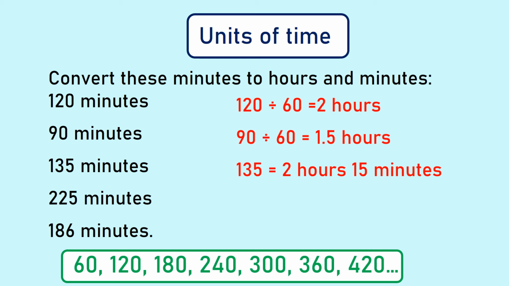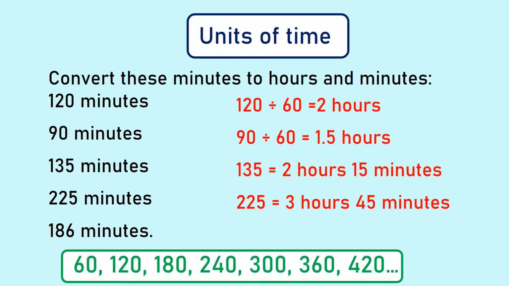And then 225 minutes. If it was 4 hours, it would be 240. But we haven't got that many minutes. So we'll say it's 3 hours, which is 180, plus the difference between 225 and 180, which is 45 minutes. So 3 hours, 45 minutes.